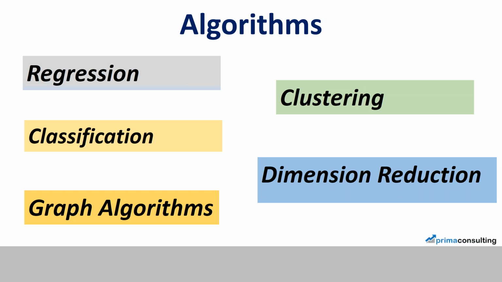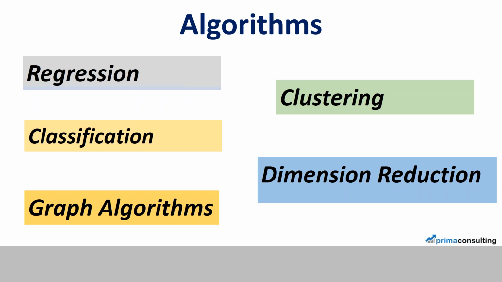These are the main 5 categories you would find your problem fall into. Regression, I think most people know what it means. Classification also, whether you'll get your loan approved or not. That's a classification problem using credit scoring.